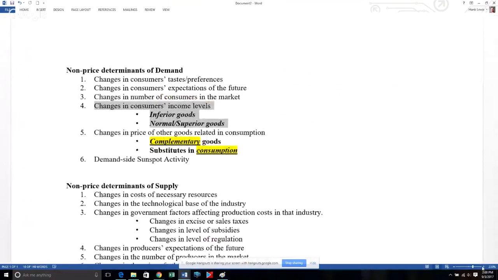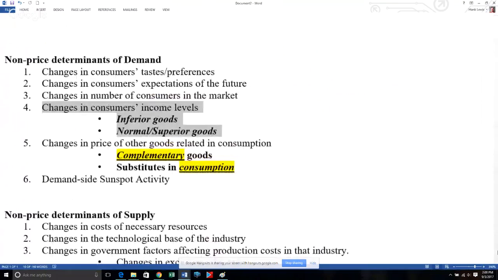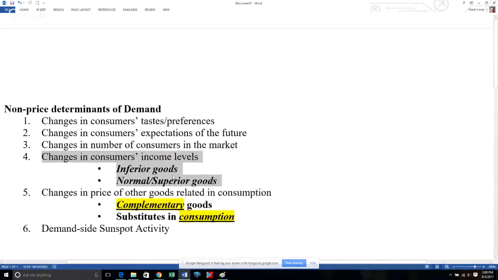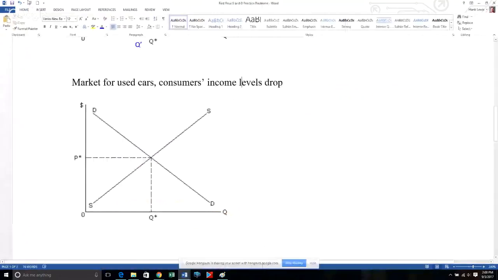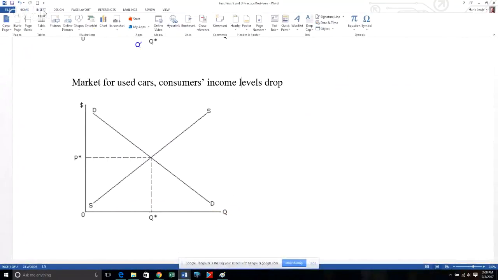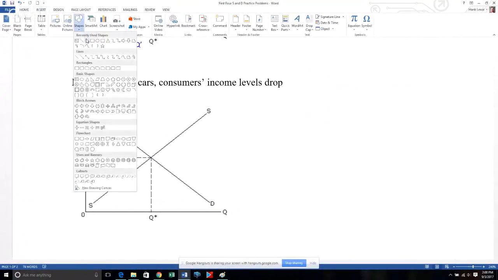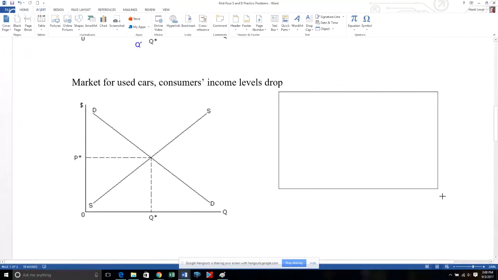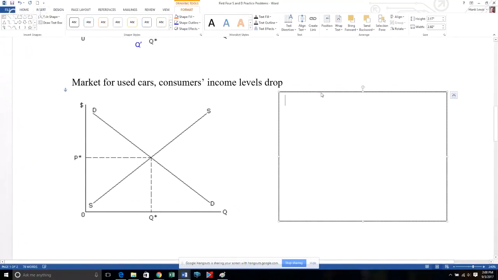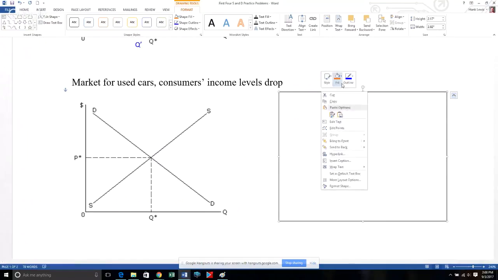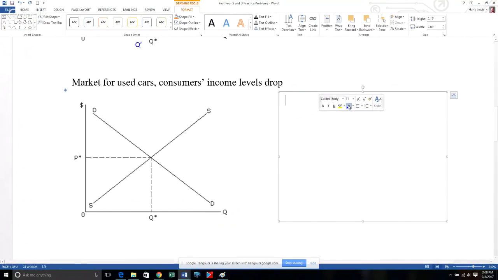Now, we talked about the fact that inferior goods are products that fill a basic need, in this case transportation, but people don't find them desirable. And used cars are a perfect example of an inferior good. So when income levels drop, consumers are going to buy more inferior goods, products that fill the basic need but are not desirable to most consumers.